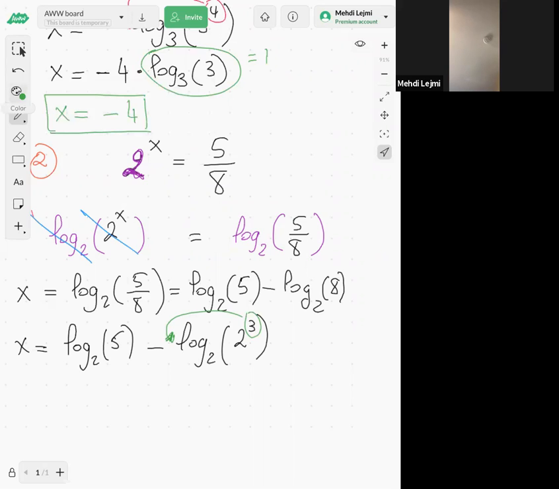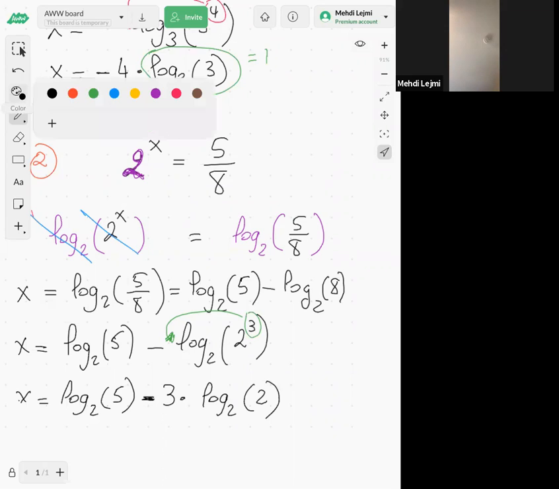So x is equal to log in base 2 of 5, and again, you cannot really write 5 as a power of 2, but then minus 3 log in base 2 of 2. Of course, log in base 2 of 2 is equal to 1.